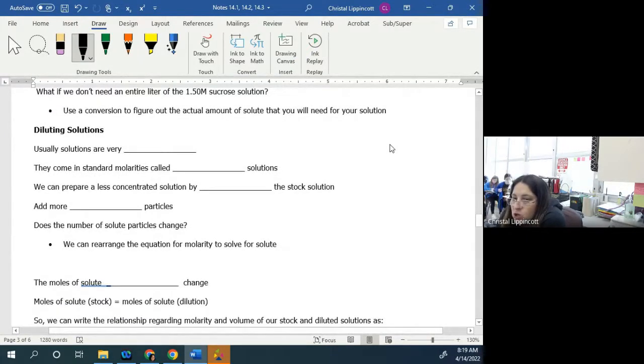Usually solutions, oh, diluting. They come in very concentrated. They come in standard molarities. Those are called stock solutions.